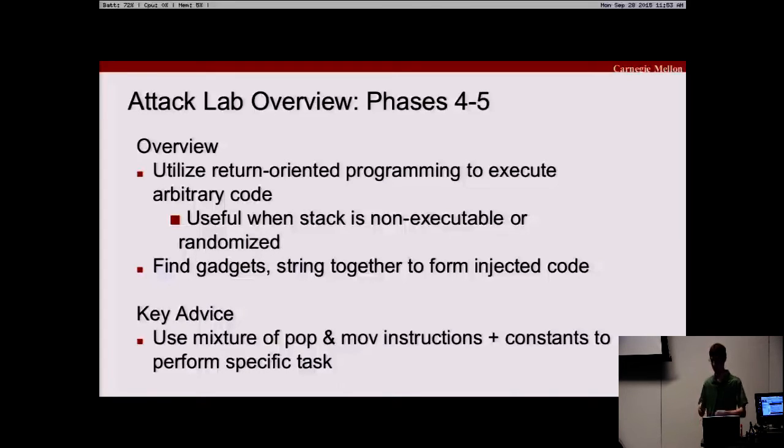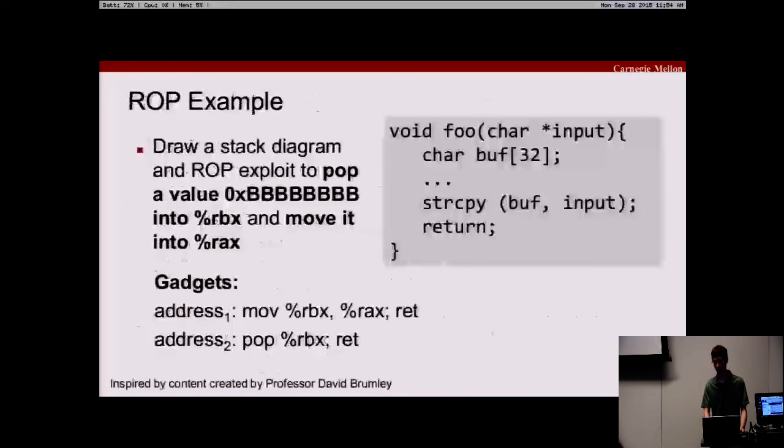We're just going to bytes within the code and using them as new code. We're going to do an example of this if that doesn't make sense quite yet. We're going to mix together pops and moves and constants to perform a task.